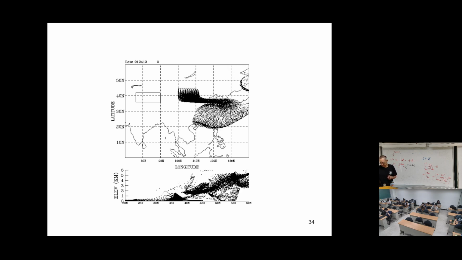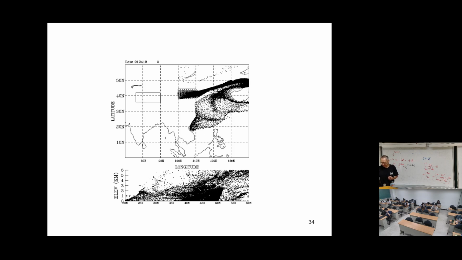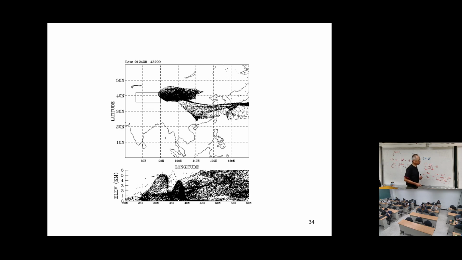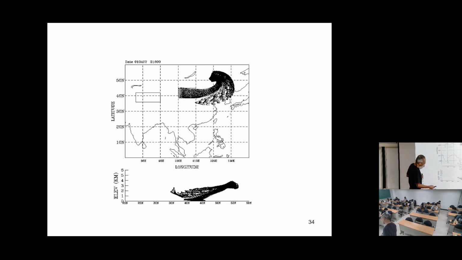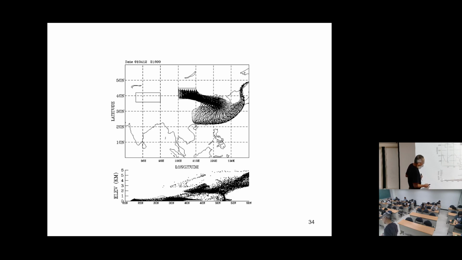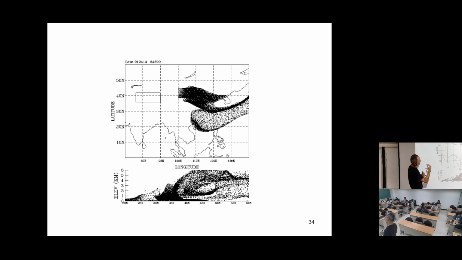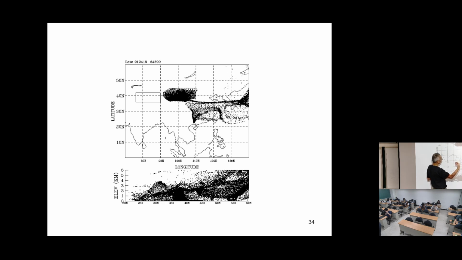Let's look at here, this one is amazing. When the air comes down from the north, because it is colder, it will be confined to within 1 kilometer. So when the air comes from the north to the south, it is confined to a very low altitude.